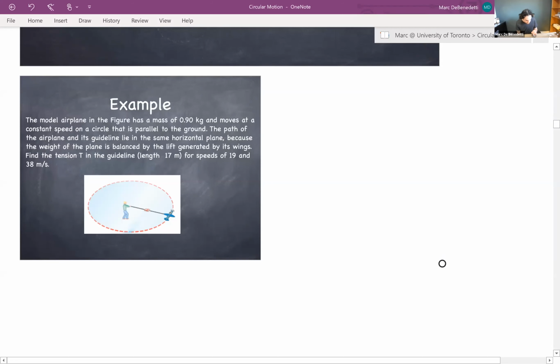So the model airplane in the figure below has a known mass of, okay, so physics in words. Let me just start writing values down. Mass equals 0.9 kilograms. At a constant speed on a circle.